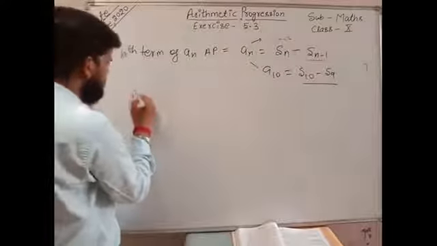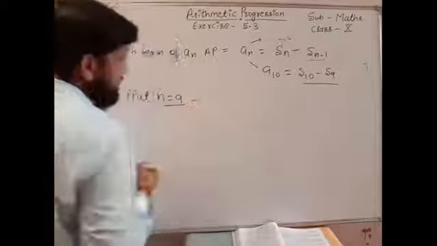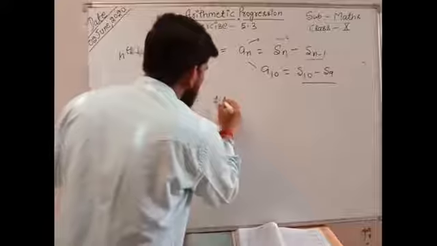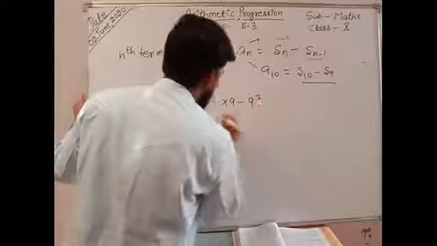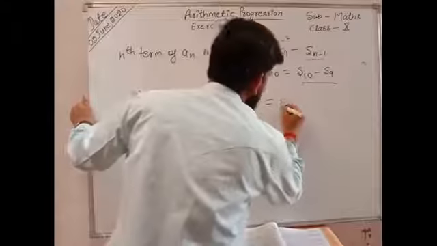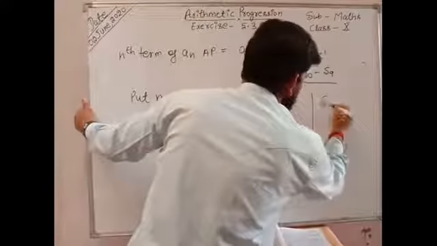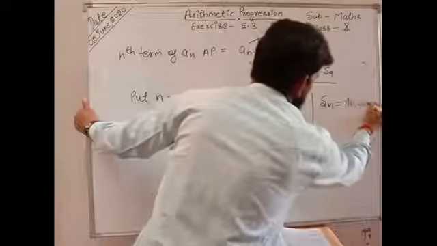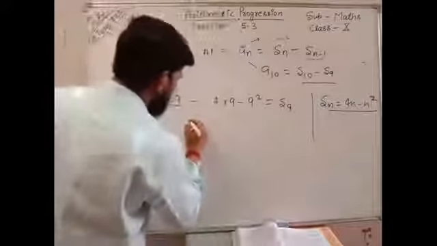So now put n equals to 9. So 4 multiplied by 9 minus square of 9, this is equal to S9. Why? Because Sn is equal to 4n minus n square. Okay students.